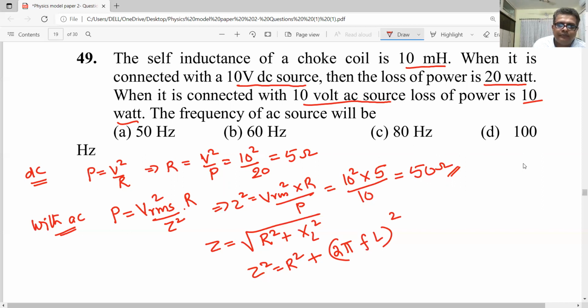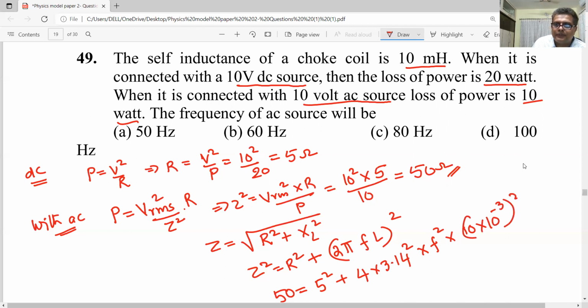Z square is 50. R square is 5 square, plus 2 into 3.14, whole square. F square we don't know. L value is 10 millihenry, 10 into 10 power minus 3, whole square. You have to do the calculation, and then you get the answer.